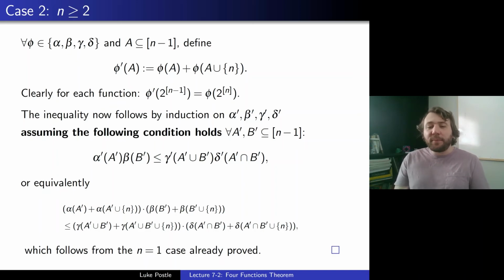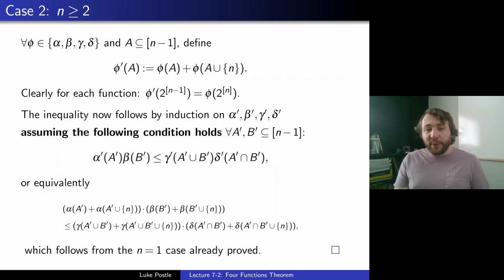But essentially, if you look at this problem, we have four functions which each take on one of two values. So essentially then what we can do is just think of these functions as one-dimensional functions. So, for alpha, you would think of a prime as its value for the empty set, and a prime union n as the value for the full set 1.